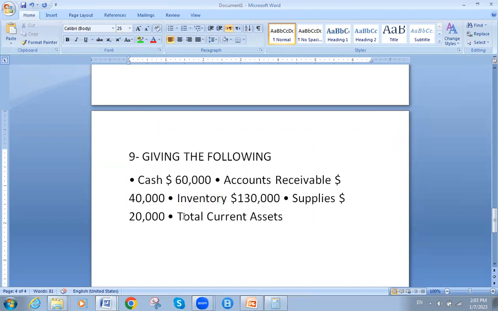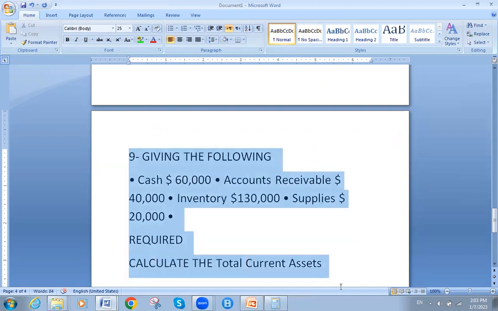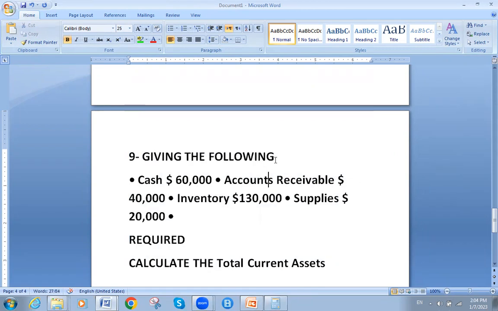And required, calculate the total current assets. So here will be an example for you guys. This is the first example today.